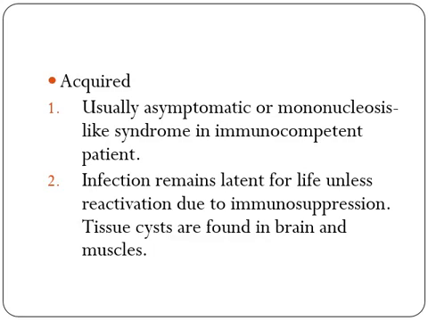Acquired toxoplasmosis, which is our concern here, is usually asymptomatic or a mononucleosis-like syndrome in immune-competent patients, or the patients with good immunity. They either have the disease subclinical, asymptomatic, or they will have some fever, lymphadenopathy, and rash, and this is like infectious mononucleosis.